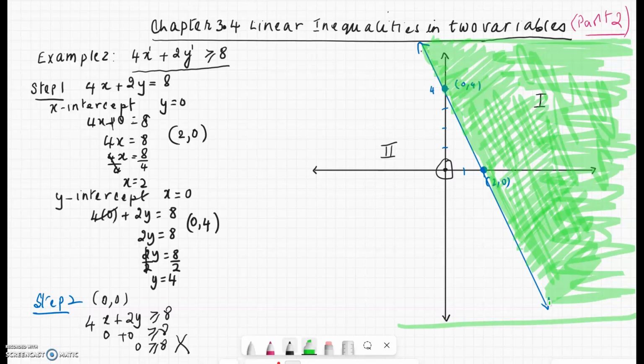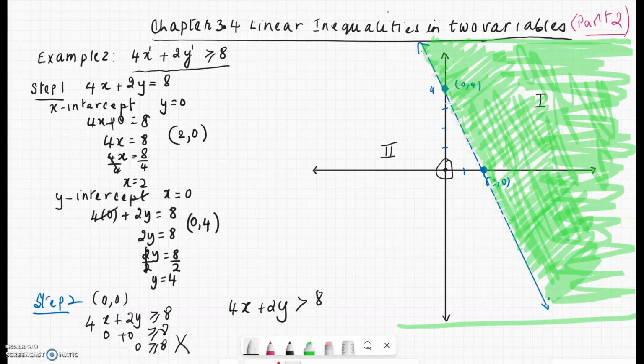Now, what if I changed the inequality to 4x plus 2y is strictly greater than 8? Then the only change is you have a dotted line instead of a solid blue line. The dotted line tells me do not include that one line.